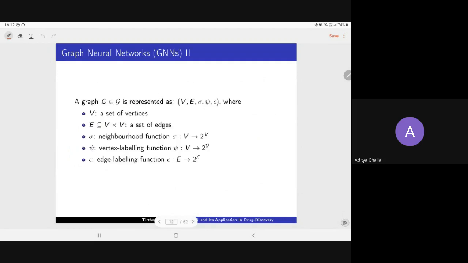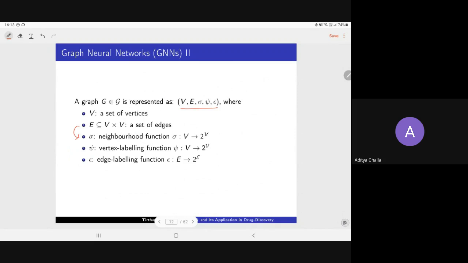Okay. Now we define a graph G in that graph space as a tuple of these 5 elements. V, which is a set of vertices, E, which is a subset of V cross V, a set of edges, and then we have a neighborhood function. Of course, we can get the neighborhood function from E, but we are providing it explicitly here for simplicity.